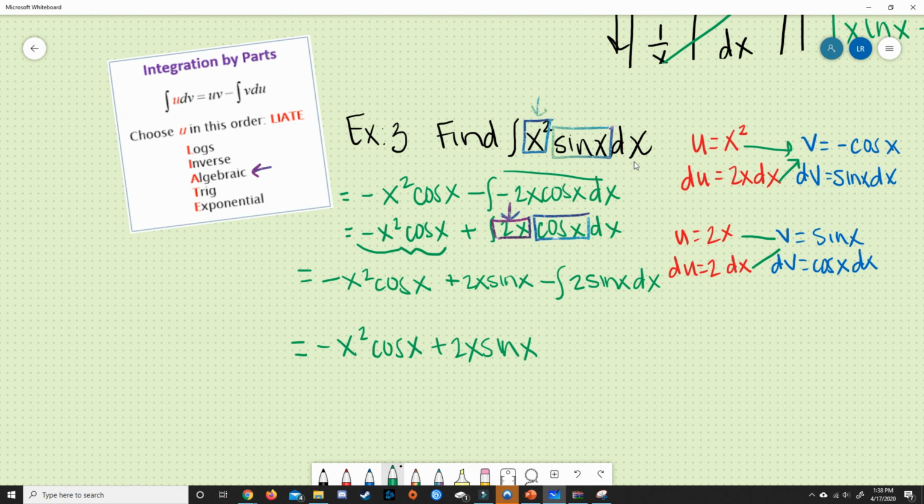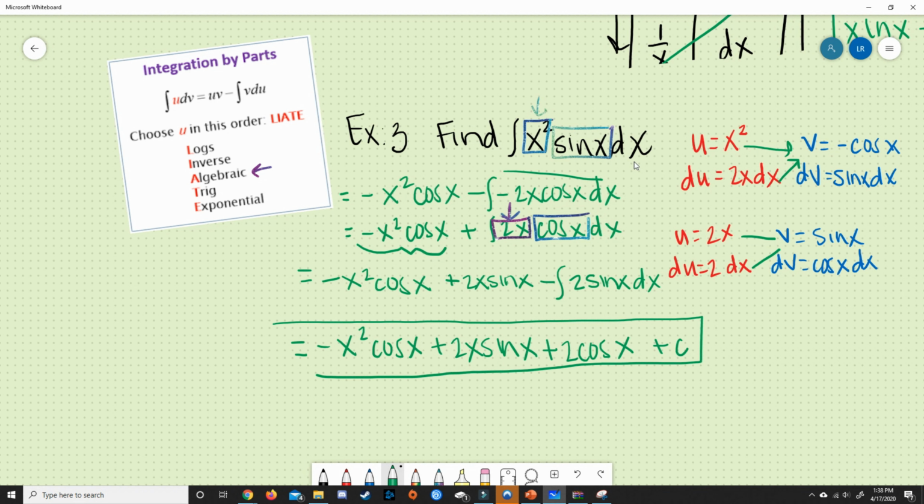And then a negative and a negative is going to make this a plus 2 cosine of x plus c. That is going to be our final answer for that question. So the integral of x squared sine x dx is negative x squared cosine of x plus 2x sine of x plus 2 cosine of x plus c.